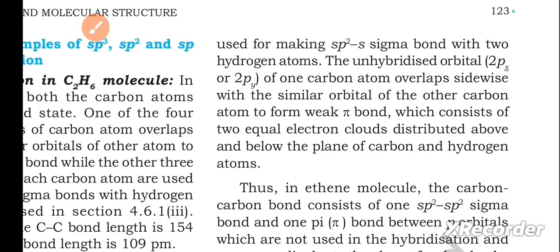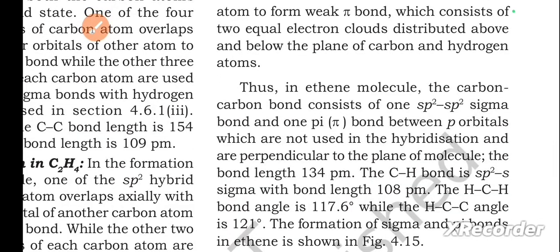The unhybridized orbitals 2px or 2py of one carbon atom overlap sidewise with a similar orbital of the other carbon atom to form a weak pi bond, which consists of two equal electron clouds distributed above and below the plane of carbon and hydrogen atoms. Thus, in the ethene molecule, the carbon-to-carbon bond consists of one sp2-sp2 sigma bond and one pi bond between p orbitals, which are not used in the hybridization and are perpendicular to the plane of the molecule.